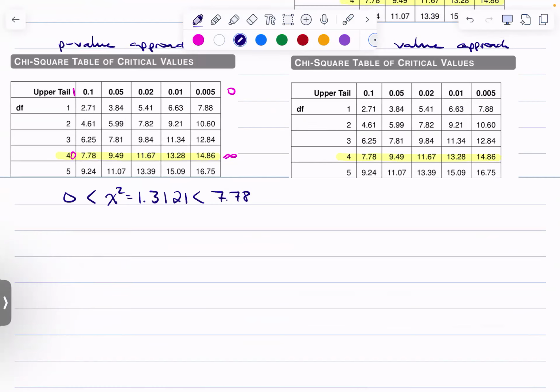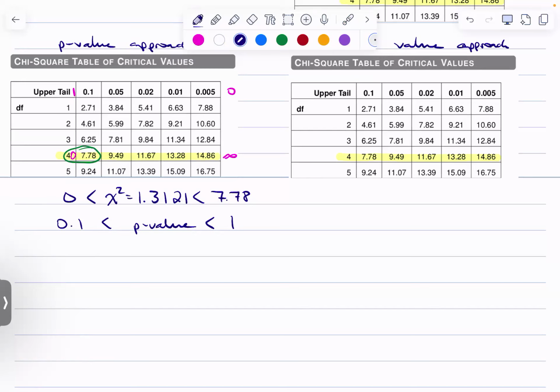So it's somewhere between these two values. That's okay. What that tells me is that the p-value is somewhere between 0.1 and 1, quite large. Right? So it's somewhere between 0.1 and 1.